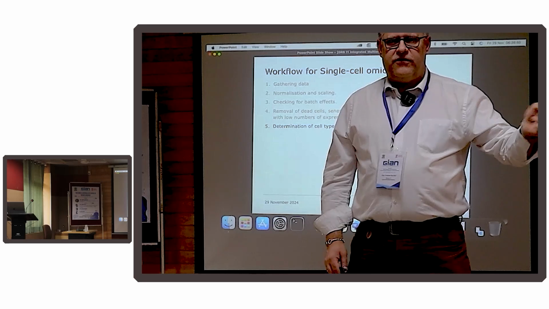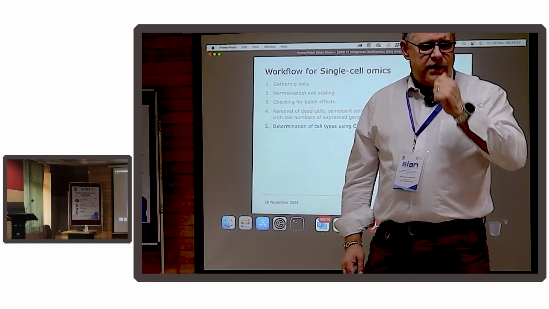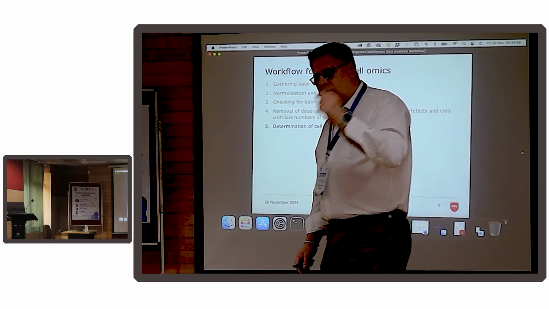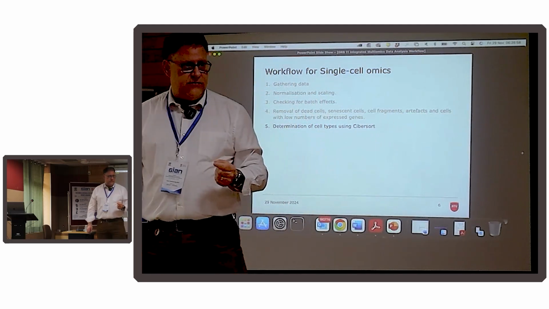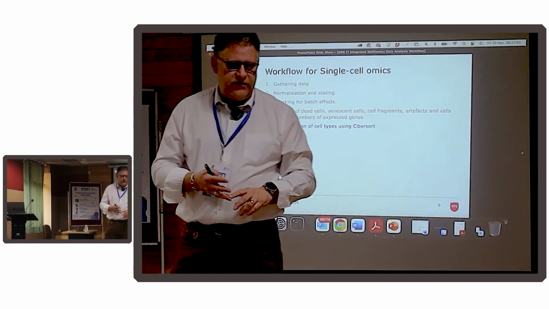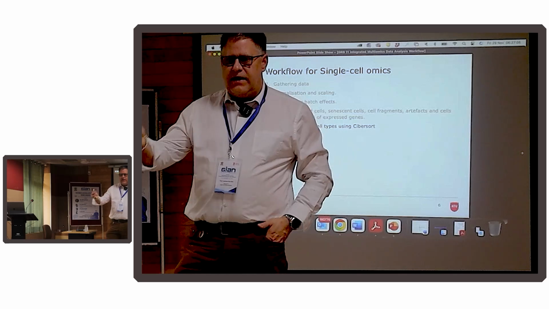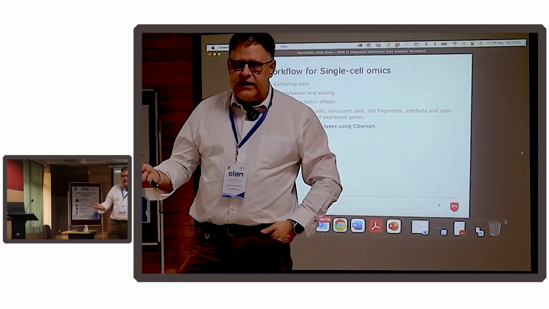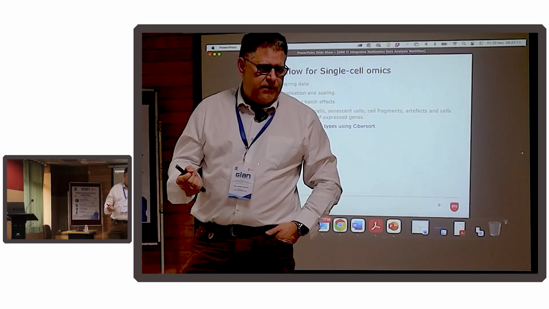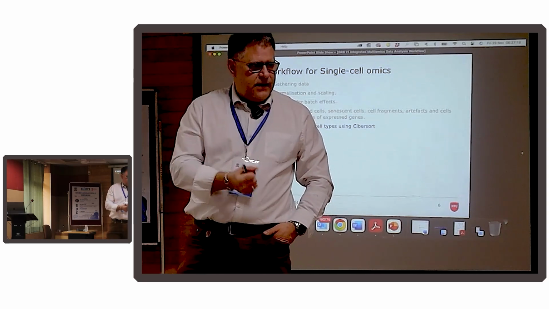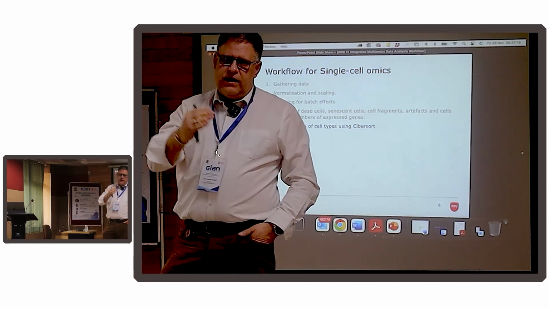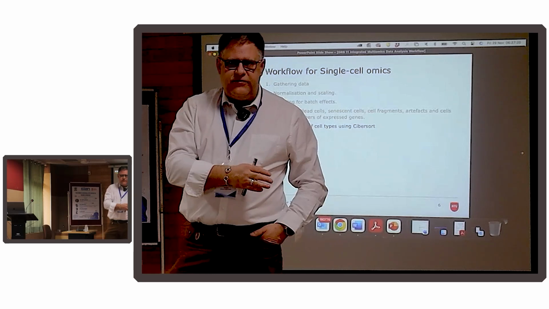But then, effectively, they've got a set of algorithms that look at transcriptomic markers to define what type of cell a given cell is. So it might identify it as an immune cell, it might identify it as a specific T regulatory cell, it might identify it as an epithelial cell, as a mesenchymal cell, as a stem cell. But CIBERSORT is there to try and identify what type of cell it is.